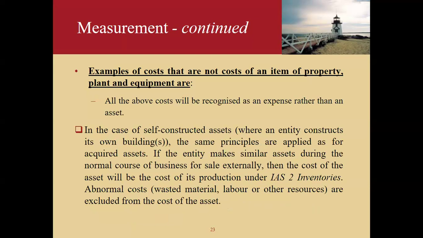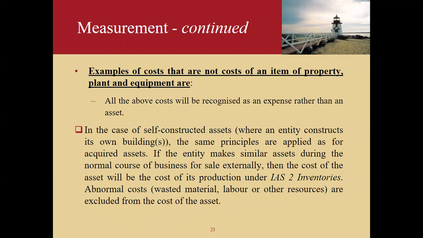In the case of self-constructed assets where an entity constructs its own buildings, the same principles are applied as for acquired assets. If the entity makes similar assets during the normal course of business for sale externally, then the cost of assets will be the cost of its production under IAS 2 inventories.